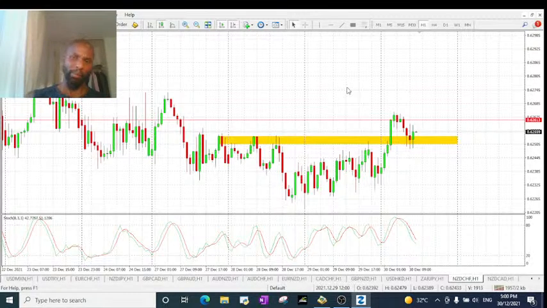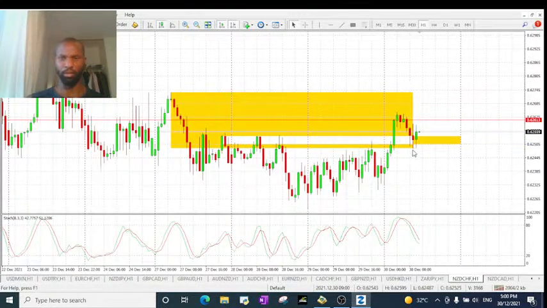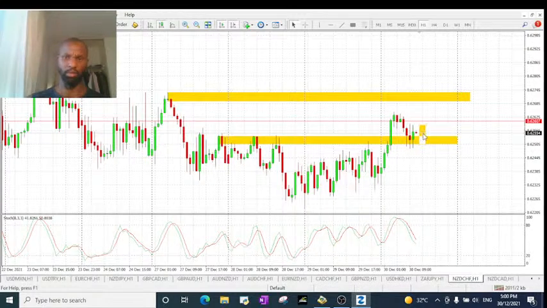But I mean, it could work, but I don't really want to risk money here. It could work, but what I was looking for, a close more like this. If it was a solid candle like this, beautiful. Solid candle like this, then we take it all the way up.